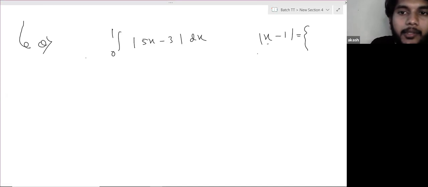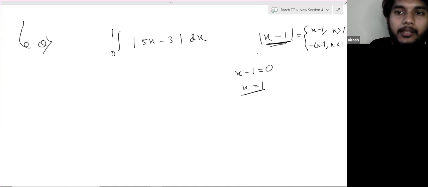Whenever you have modulus function, write this whole thing equals to 0, so this means x equals to 1. Now what to do? Put this whole value x minus 1 when x is more than 1, and this whole thing with a negative sign when x is less than 1. This is the way you open the modulus function. Is it clear, all of you?